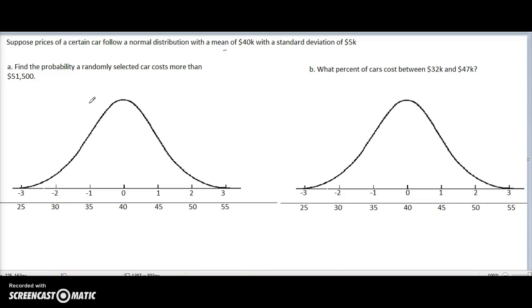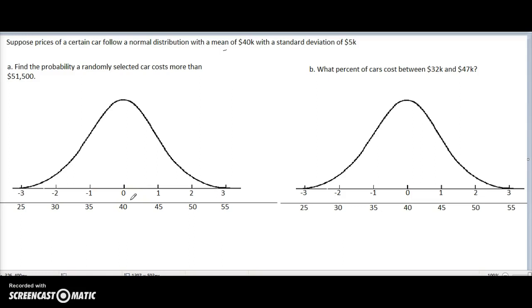So here our units are in thousands. And in the first part, part A, we want to find the probability that a randomly selected car costs more than 51,500. So I drew the normal distribution with the z's and the x's. The mean of 0 lines up with our mean of 40,000.